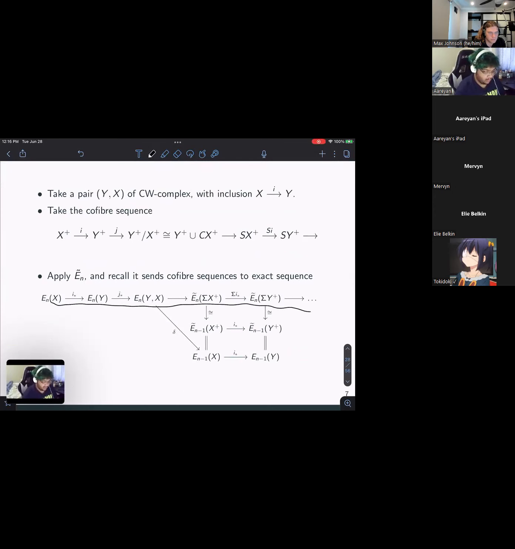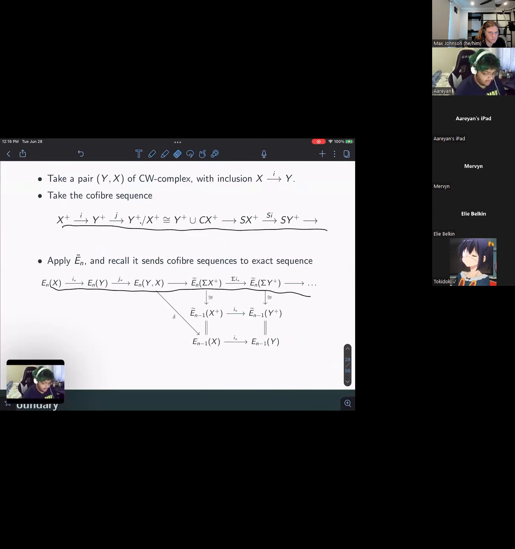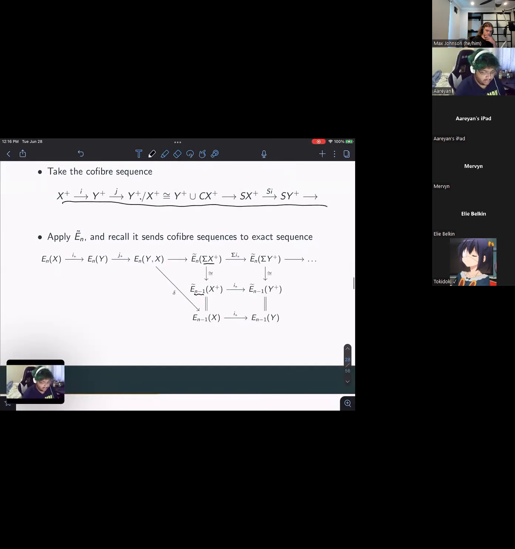That's what happens when you just literally apply it, remembering that the cohomology of the quotient is quite simply the relative cohomology. And now what you do is a nice trick where suspending decreases the degree of the cohomology by 1, and that allows you to go down to this. We'll actually try to make this boundary map more explicit, but this gives us the long exact sequence as promised.